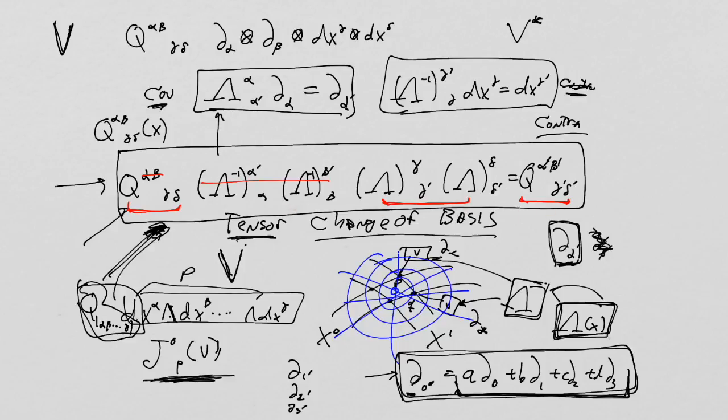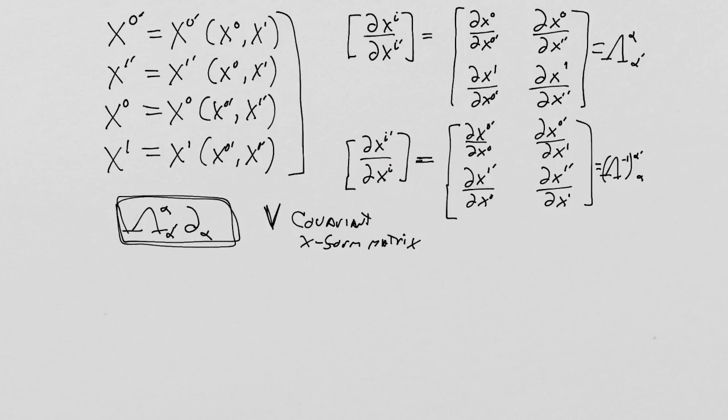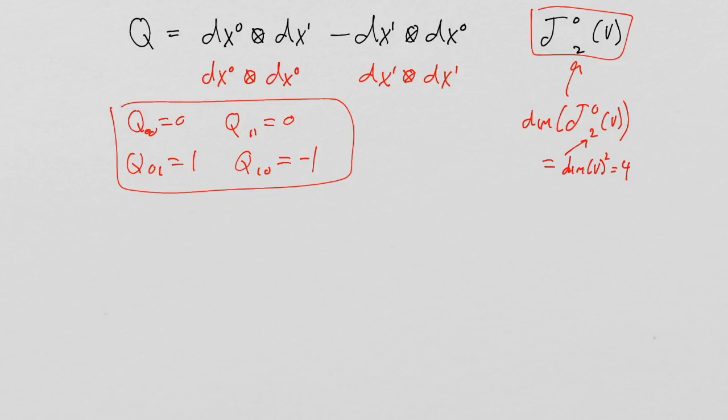Well, the regular rule is with these things crossed out, because I'm talking about a 0-2 tensor now. Okay, so let's actually do that. Back to black. So how does this work? We have Q alpha beta dx alpha tensor product dx beta.